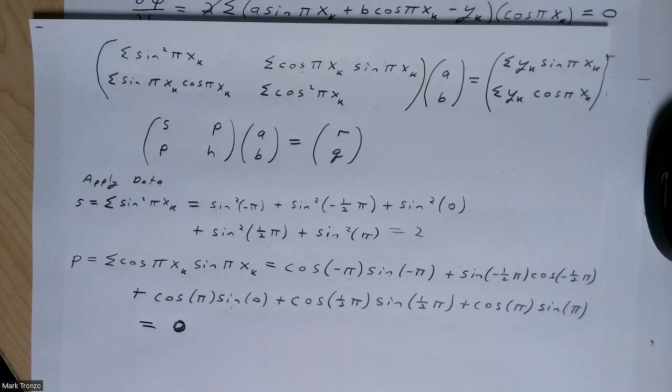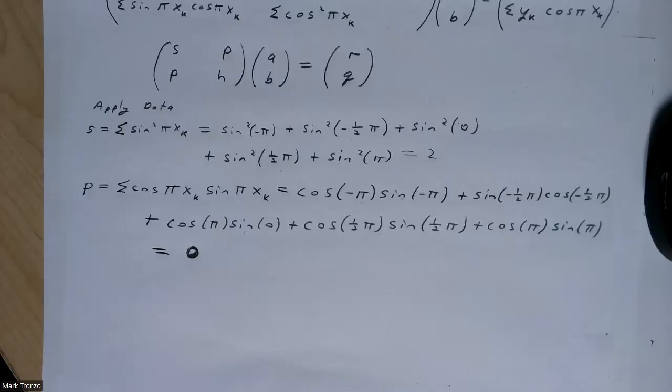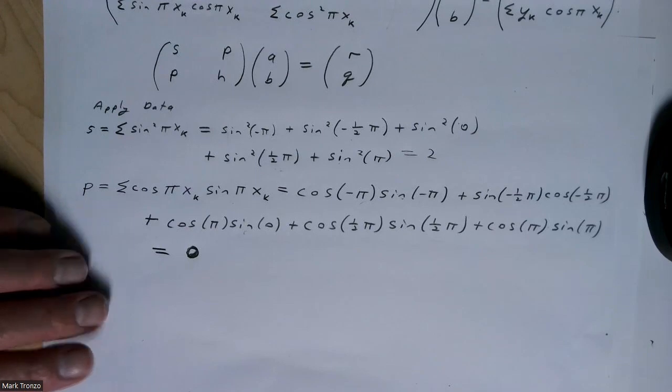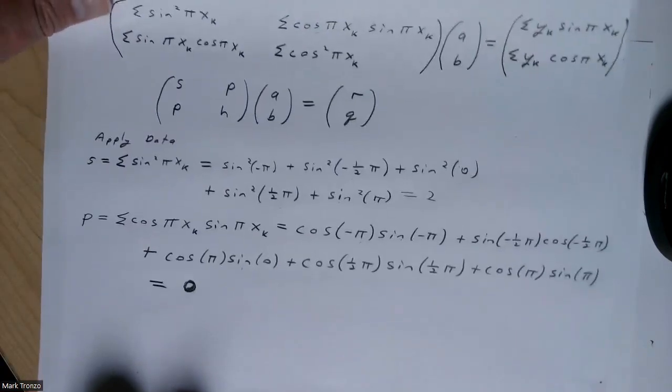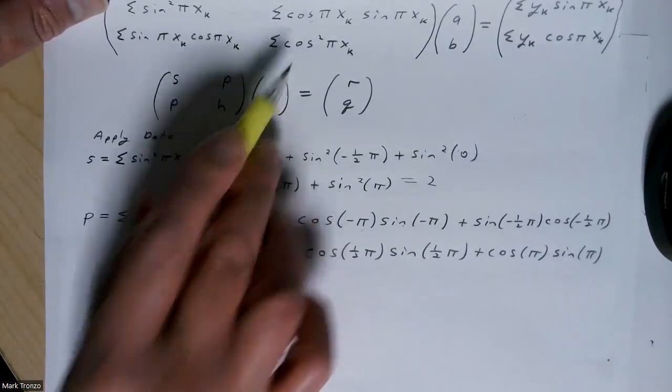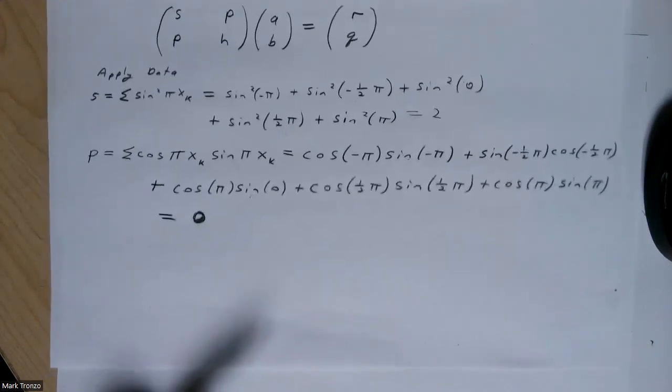And what else did we have? We also had what we called h, which was the sum of the cos squared.